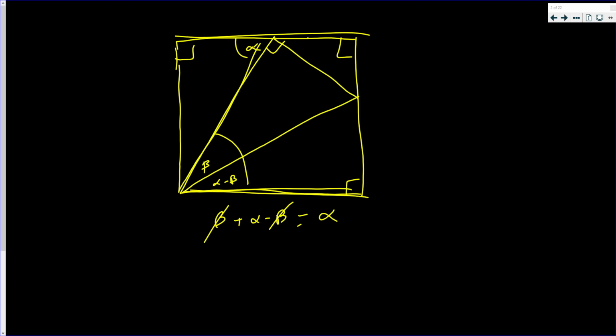So this angle right here must be 90 minus alpha, because these 3 angles add up to 180. Well, if the angle right here is 90 minus alpha, then that's angle alpha itself. And one last thing, this side is of length 1. I think that might be enough angle chasing to do this.